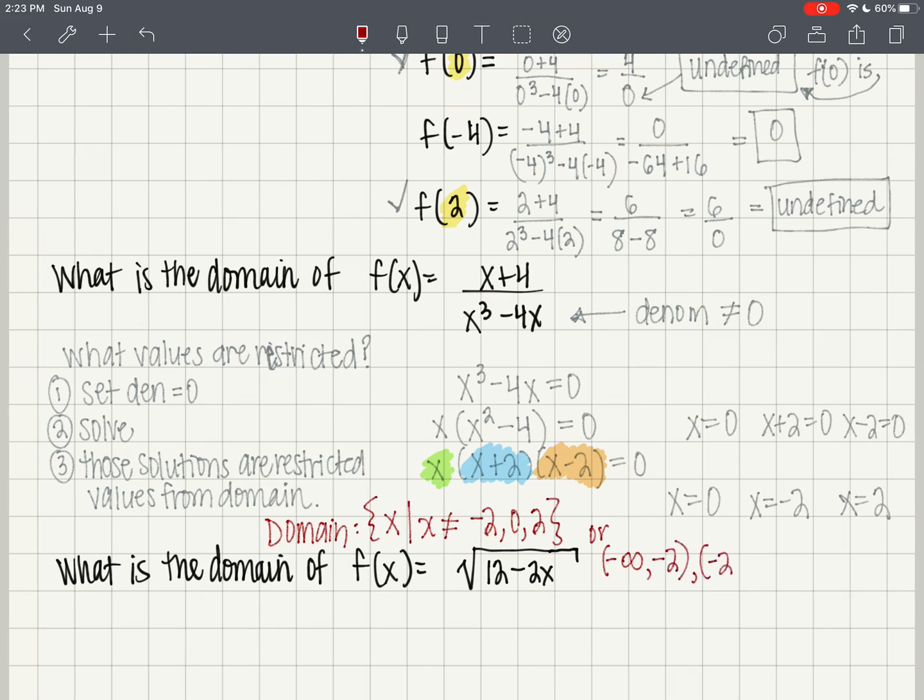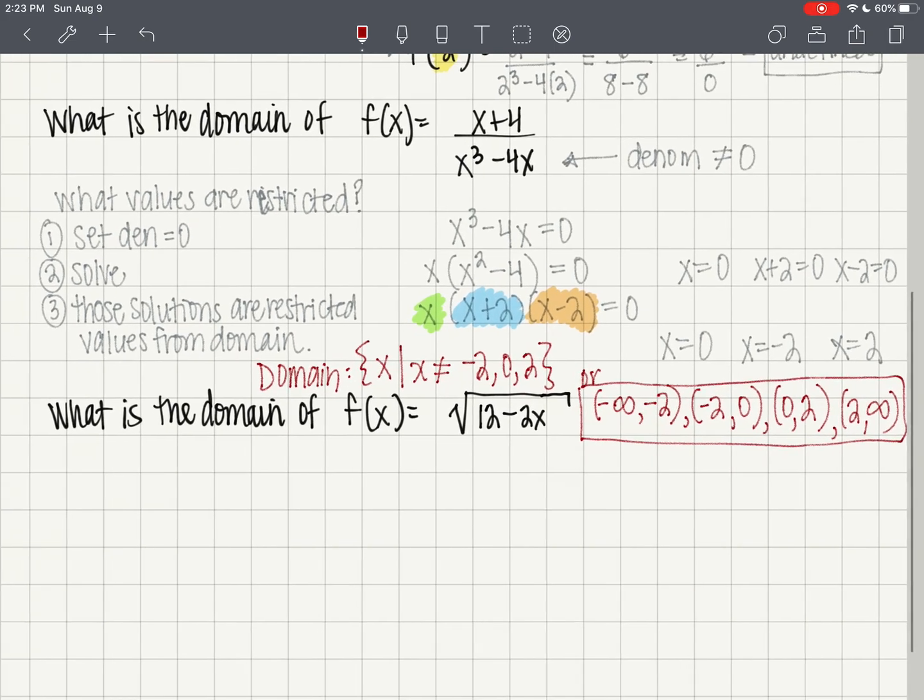So you stop at negative 2, and then you start back up at negative 2, and you go to 0, and then 0 is not allowed, and then you go to 2, and 2 is not allowed, so you go to infinity. So interval notation is the one that I boxed. However, if you're not told that you have to use interval notation, I like the set builder notation that I showed you in the beginning.